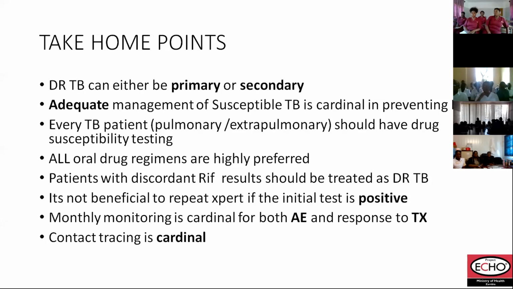Every TB patient, be it pulmonary or extrapulmonary, should have drug susceptibility testing done. The reason is that TB meningitis could already be resistant to rifampicin, and if you treat them as susceptible, you are likely to have a poor outcome. We have cases of extrapulmonary TB that were already drug-resistant and have been successfully treated with second-line drugs.